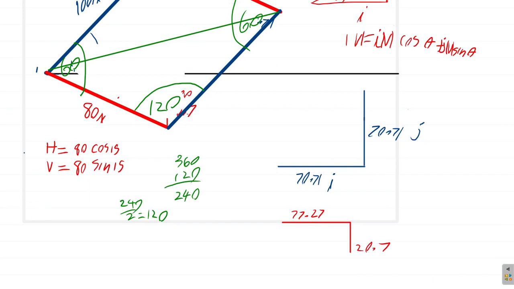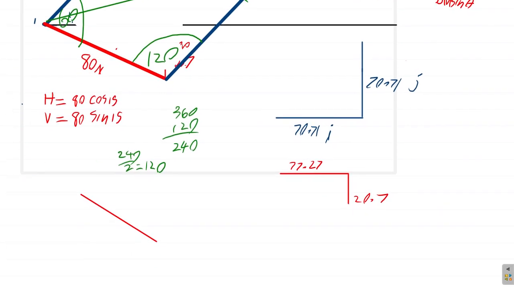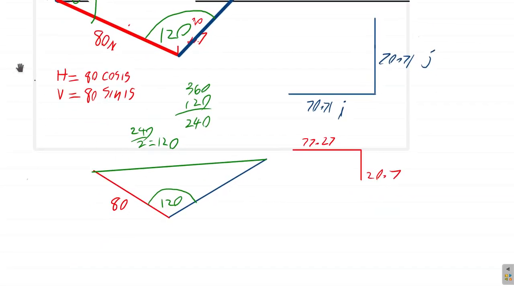So what we have basically is this. We have this vector, we have this vector, we want this vector, and we have this angle at 120 degrees. We know that the red vector is 80 and the blue vector is, what was it again, 100.